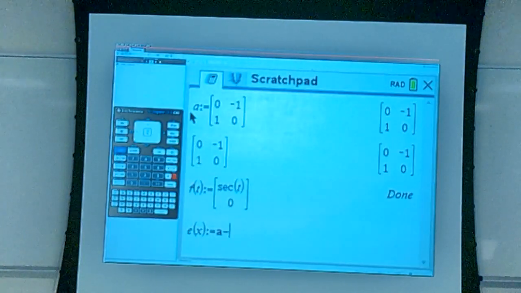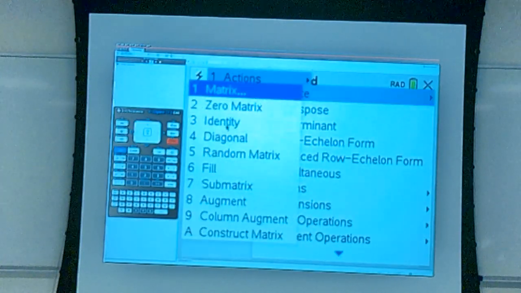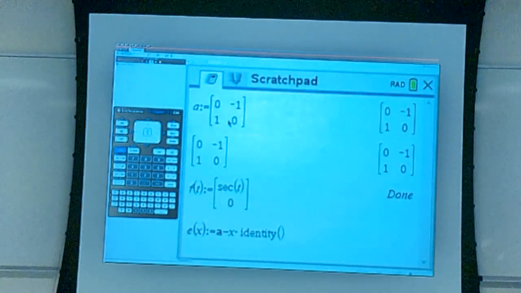A minus x times that, but I'm not going to risk that. Let's go up to menu, vector, create, identity matrix. That is just identity. Okay. 2.